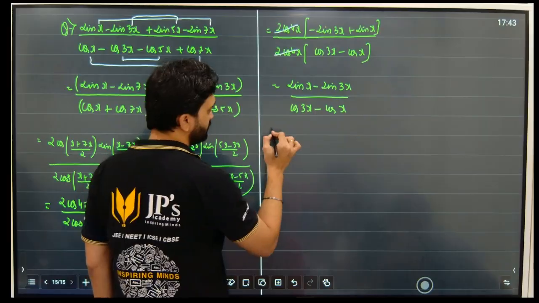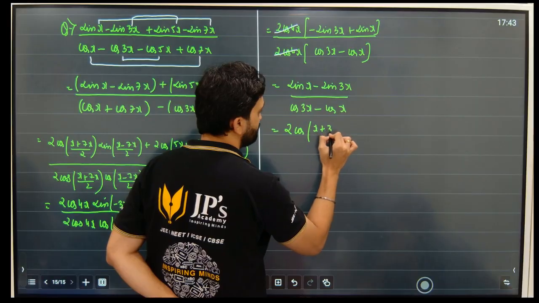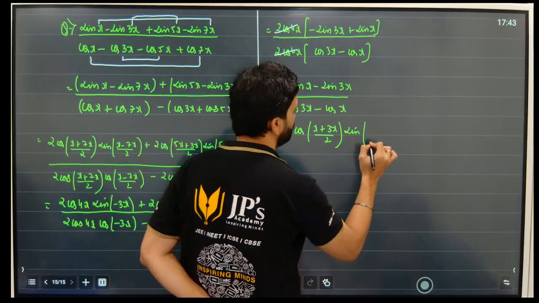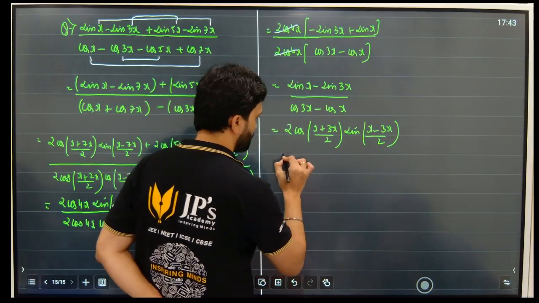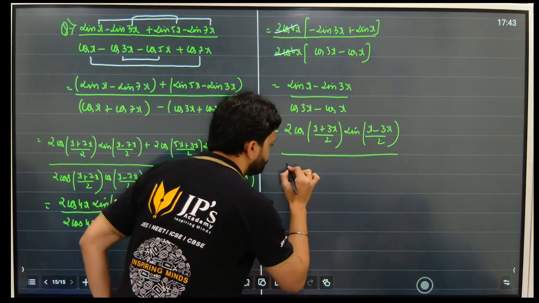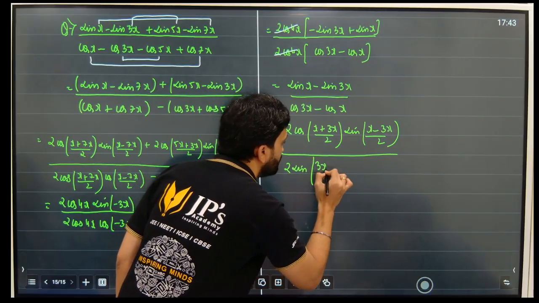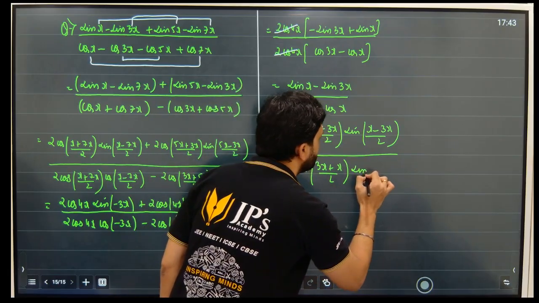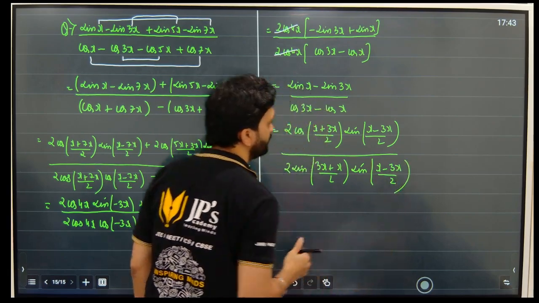Now when I use the formula sin c minus sin d, it is 2 cos c plus d by 2 sine of c minus d by 2 upon 2 sine c plus d by 2 into sine d minus c by 2.